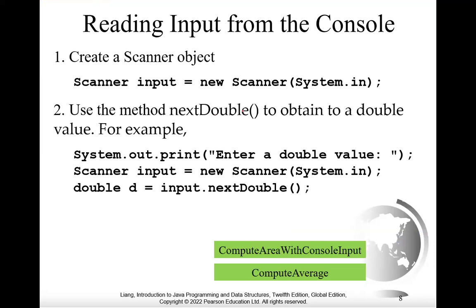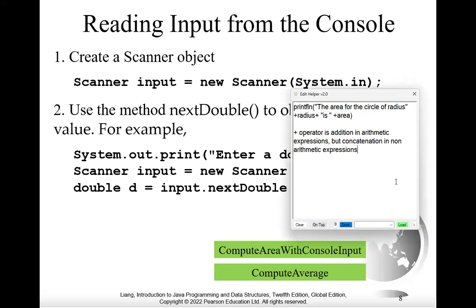Next, we want to get input from the keyboard. To get input from the keyboard, again, let's visit our C code. To get input from the keyboard in C, we use scanf.